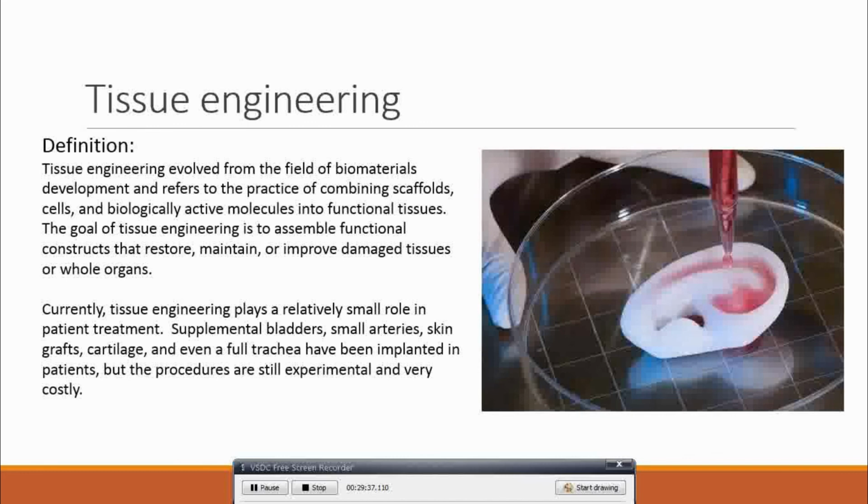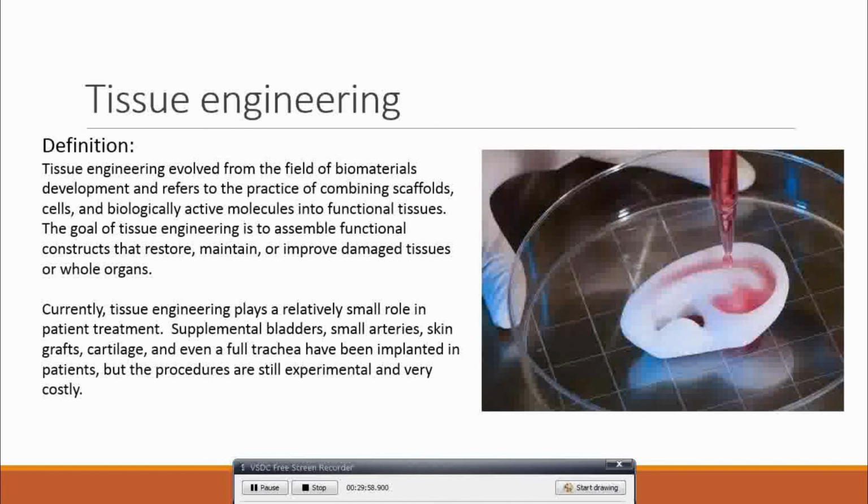So it's evolved from the field of biomaterial. Dia gabungan lah, gabungan biomaterial development refers to the practice of combining scaffolds, cells, combination. Maknanya material ada, scaffold ni apa, macam macam tubuh badan kita, skeleton kan, ada skeleton, tulang-tulang tu, itu scaffold lah.